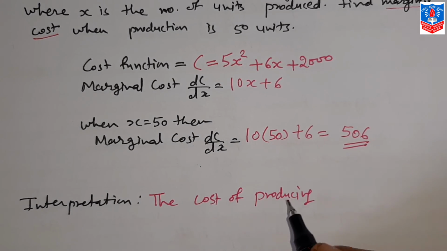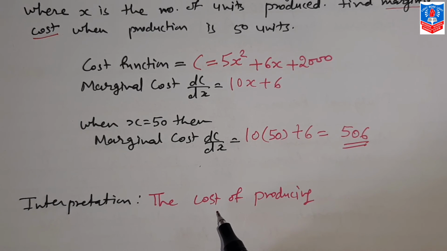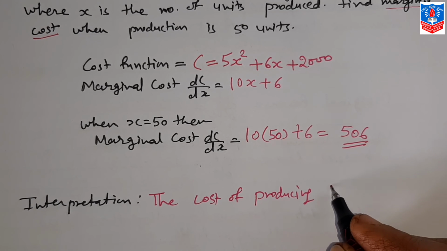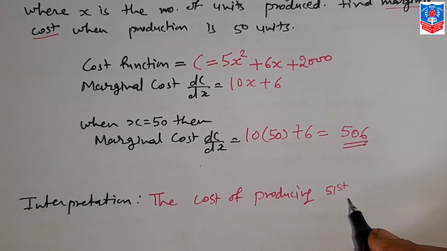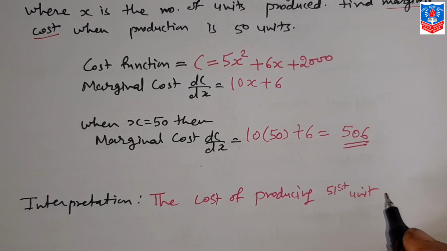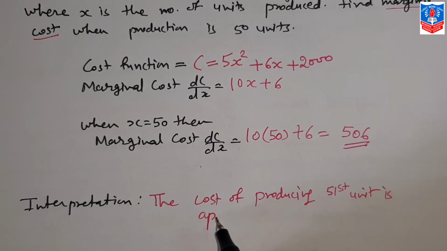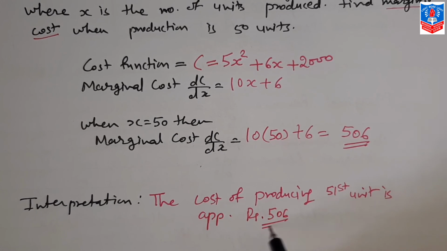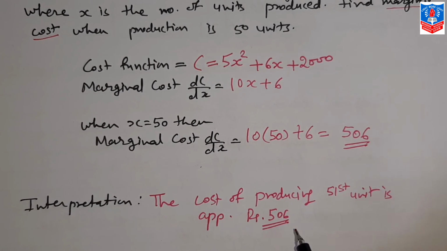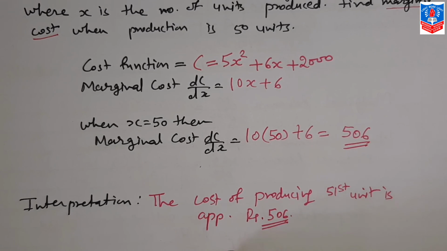So this 506 will be the cost of producing the 51st unit, which is approximately rupees 506. So in this way, where we are supposed to find marginal cost, and in the previous two sums we were supposed to find marginal revenue.